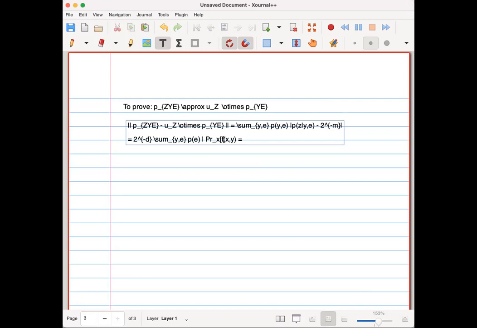Well, it should be the probability of X given E, right? I've conditioned on some symbol for the environment. Conditioned on that, that is the probability distribution of X. So under that probability distribution, what is the probability that f of X, Y is equal to Z, minus 2 to the power minus n. So far, so good.